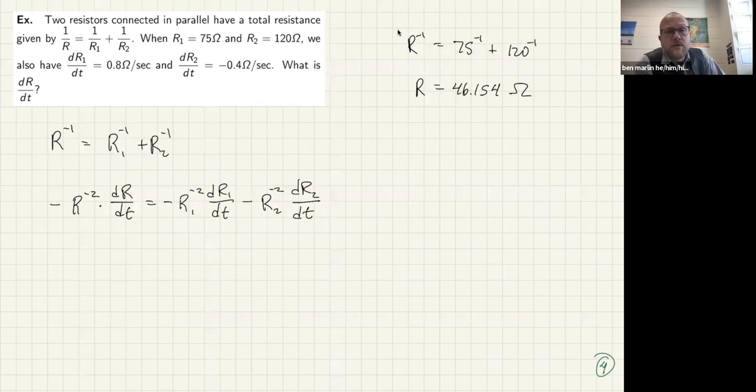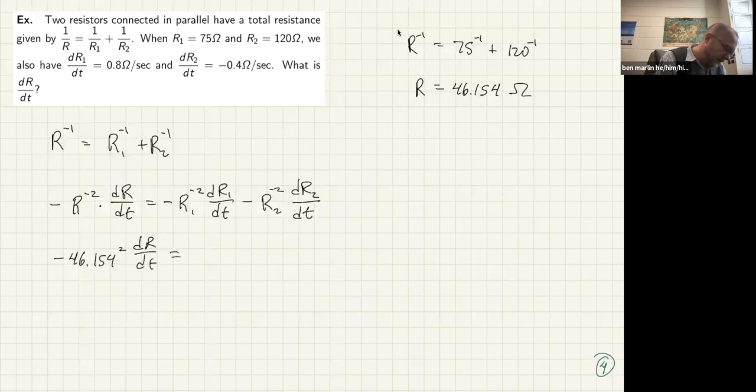Now, once you've implicitly differentiated, plug in everything you know, right? That is often a key thing that's going on in these problems, or any math problems, is once you get an equation with a bunch of stuff you don't know, plug in the things you do know. So here, for instance, the minus 46.154 squared dr dt is there.